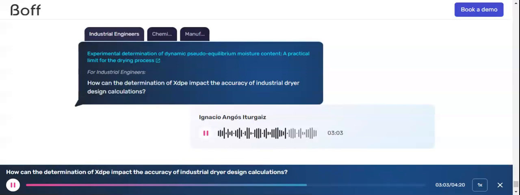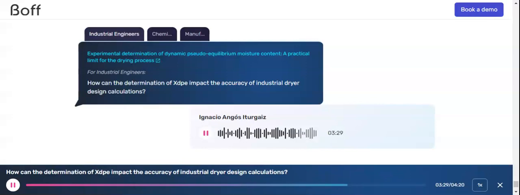In this transition stage, the material continues to lose water, but at an extremely slow rate. This stage can be considered as an equilibrium stage when it is visualized within a short period of time. We term the beginning of this transition stage as the dynamic pseudo-equilibrium moisture content.